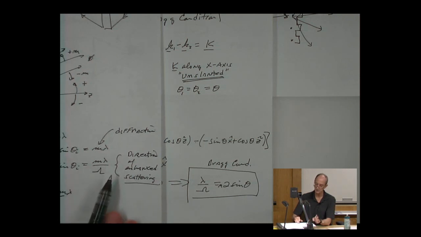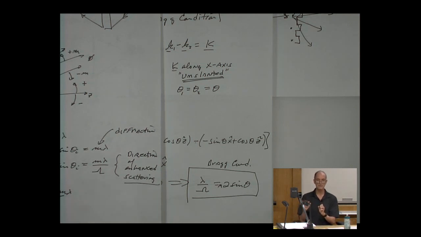And if we're talking about the first order, it's just lambda over the period. So for this unslanted grading case, very conveniently, we also get the boundary matching condition to be matched as well. This will be very useful, especially in doing various designs and also in some homework problems.